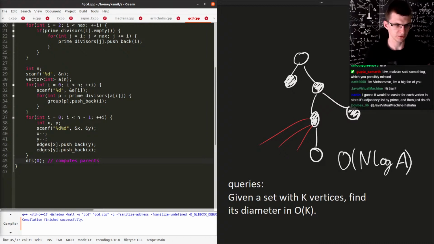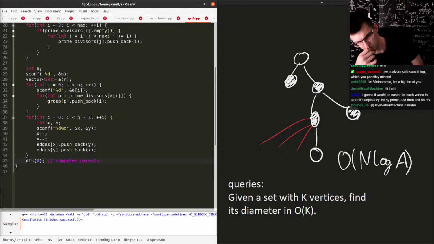Easier for each vertex to store its adjacency list by prime. Oh, you're right. For every vertex, if it contains 10... wait.